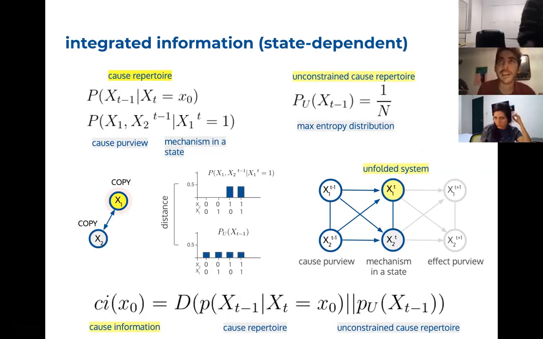Yeah, I think it's tricky. Imagine these two copy units were on. In terms of dynamics, you would observe it forever on, right? Now take both of them off. They are a completely inactive system, but it has cause information, because were it on, it would have a certain dynamic.